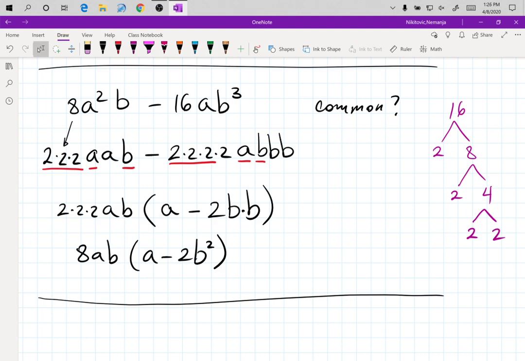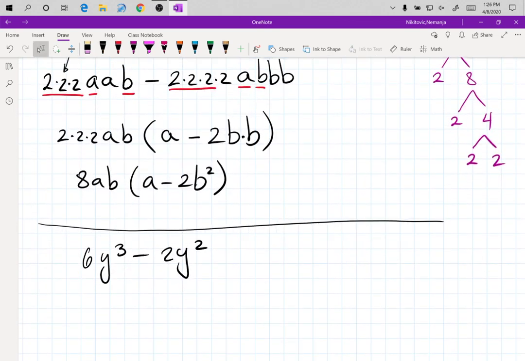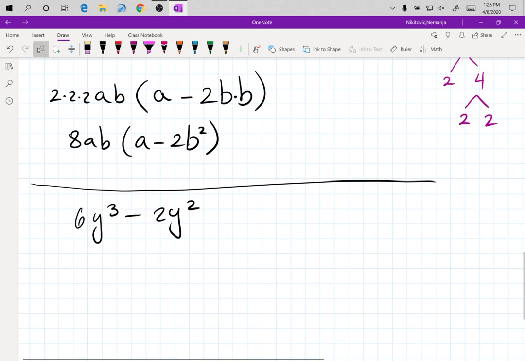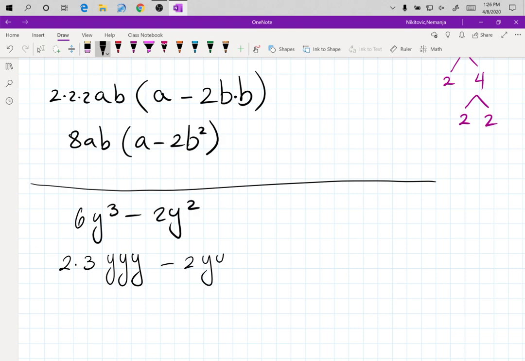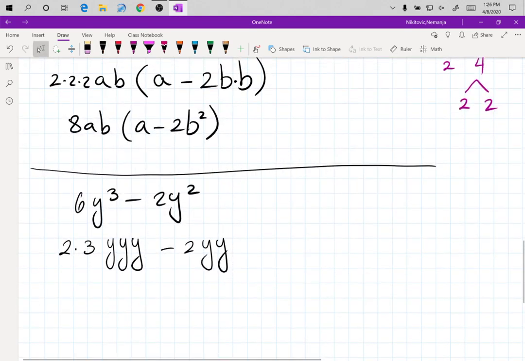Let's take a look at another case. 6y cubed minus 2y squared. All right, this one is a little bit trickier. You have 2 times 3 to make a 6, and then 3 y's minus 2 and then 2 y's. So now we're asking ourselves, what is common?